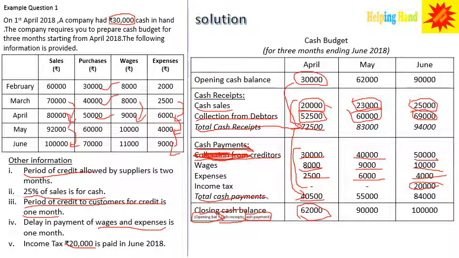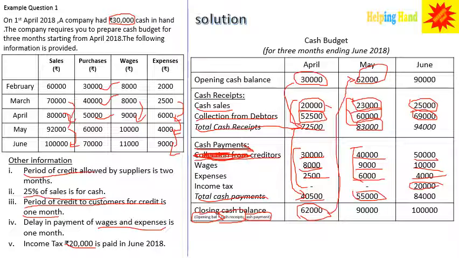So month of April is done. Now we consider this closing balance of the month of April to be the opening cash balance for the month of May. So 62,000 comes here as opening for the month of May. We add these two receipts, we get 82,000. We add these three payments, we get 55,000 as our payments.